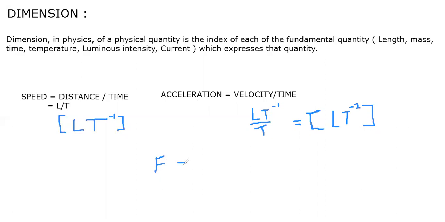Force formula is mass into acceleration, m into a. Dimension of mass is M only, and dimension of acceleration is LT minus 2. We've already found it out. So dimensional formula of force would be MLT minus 2.